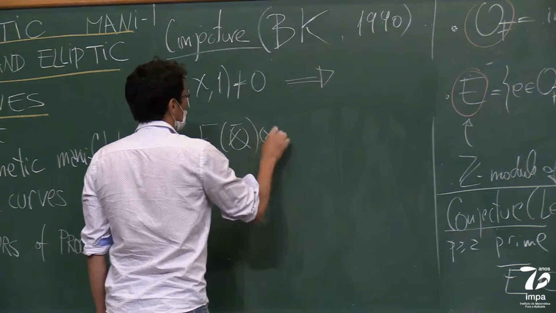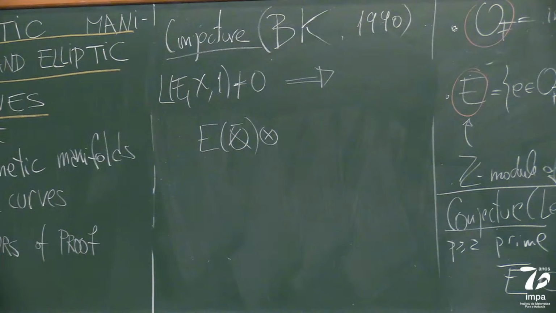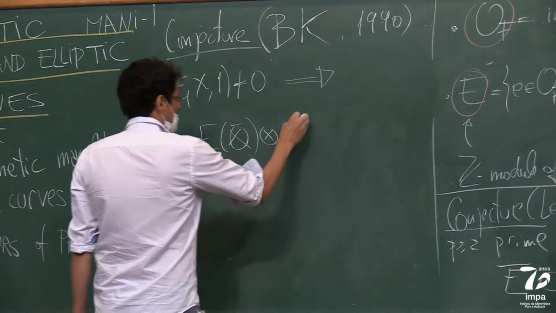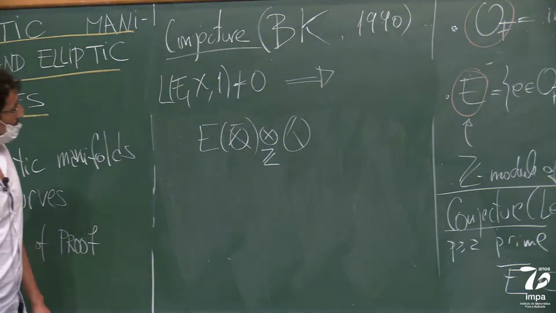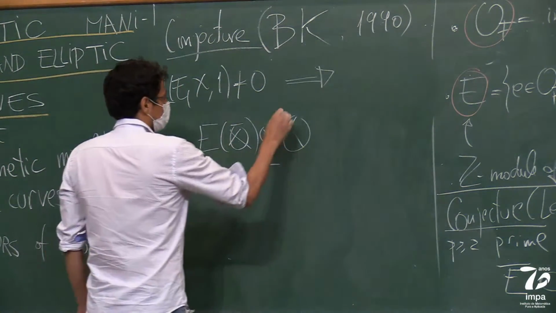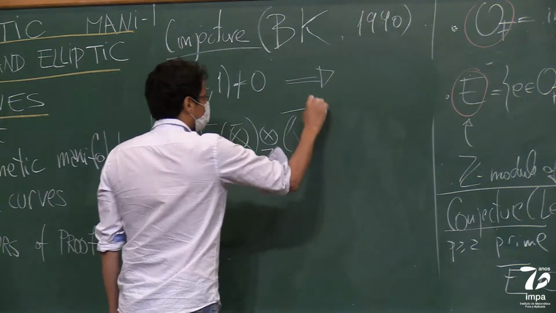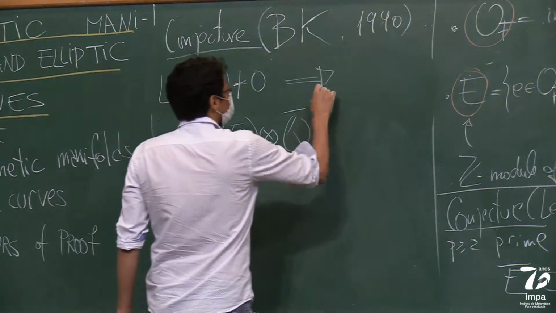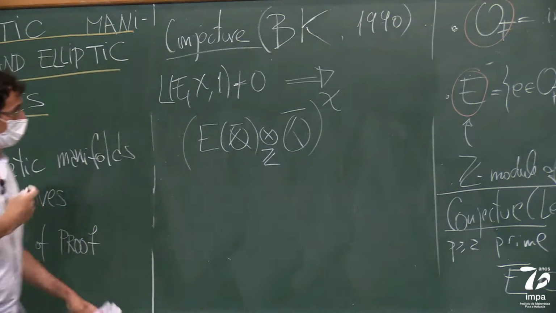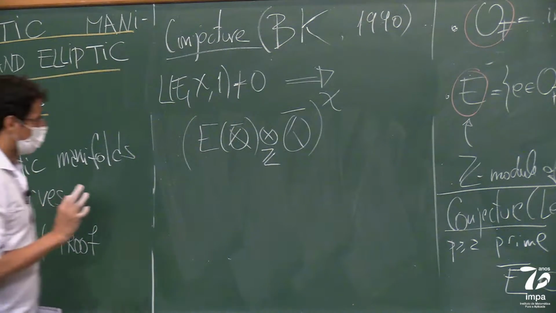If you look at the solutions in Q bar of your elliptic curve, this is a Z-module because it is an abelian group. You can tensor with Q bar, and then you have an action of the Galois group. Then you can take the part where the action is given by chi, and this is 0.